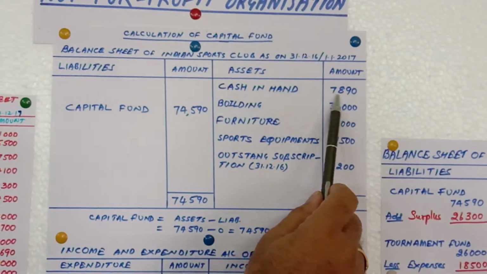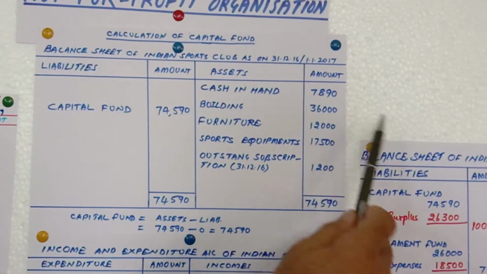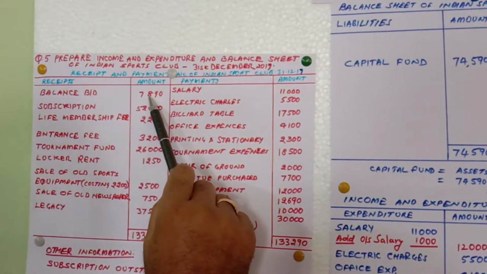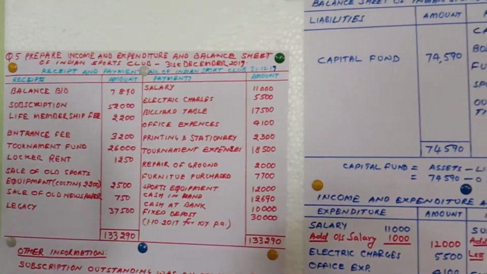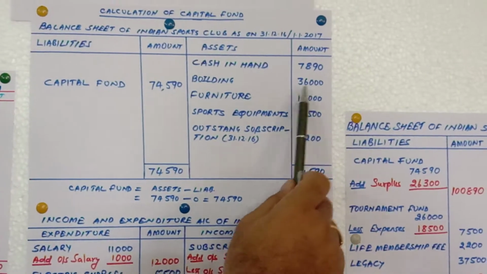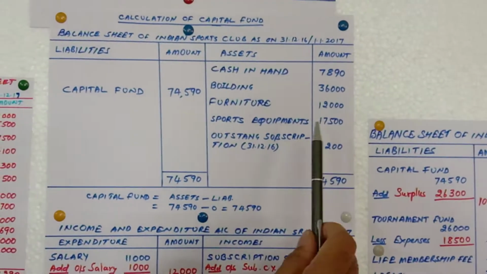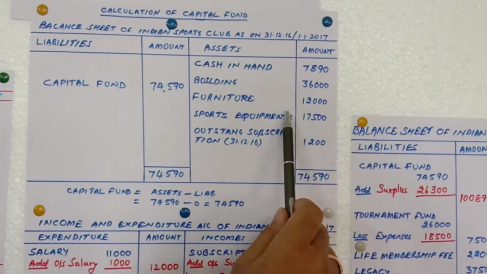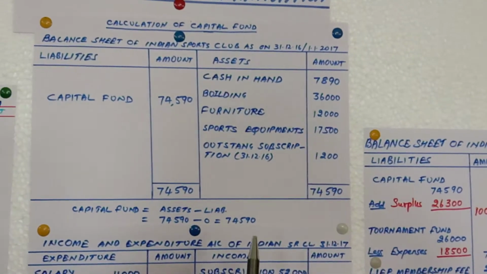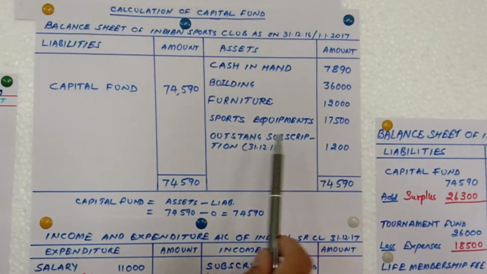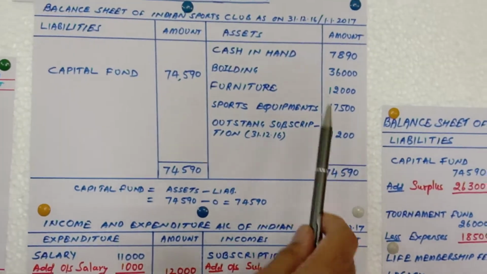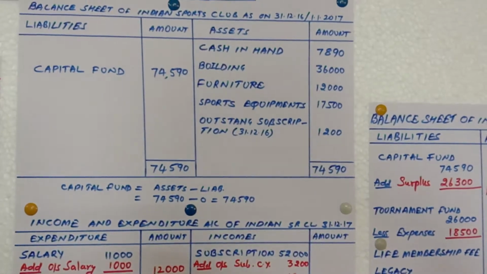So this 7,890 rupees comes from the receipts and payments account as the first item, that is opening cash. Then all these items I just copied from the adjustments given on 1st January, that is building 36,000, furniture 12,000, sports equipment 17,000, and outstanding subscription of the last year, so 1,200 is written.